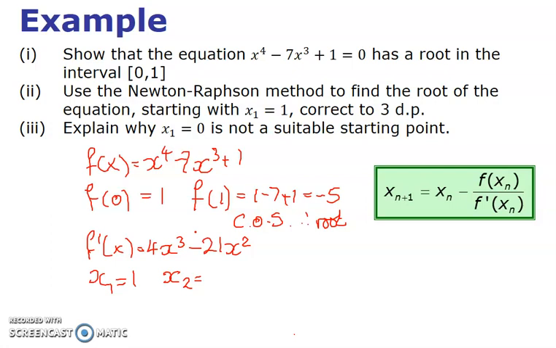It's answer minus fraction, and the f, so answer to the 4 minus 7 times the answer to the power 3 plus 1, over 4 times the answer to the power 3 minus 21 times the answer squared. I'm hoping that gives me the right answer. I got 12/17, which is 0.706.